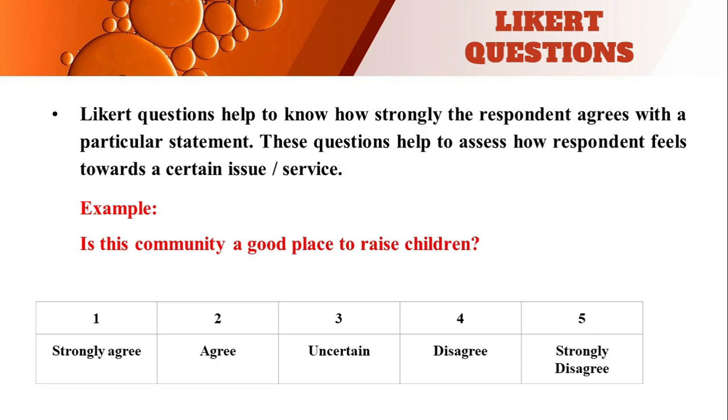If they choose number three, they say uncertain. They don't know whether the community is good or poor. If they say number two, they agree, so that is the positive aspect. So like that, we can come to a conclusion about the respondent's view, opinion or attitude. Mostly to measure the attitude of people, we go for this type of questionnaire.